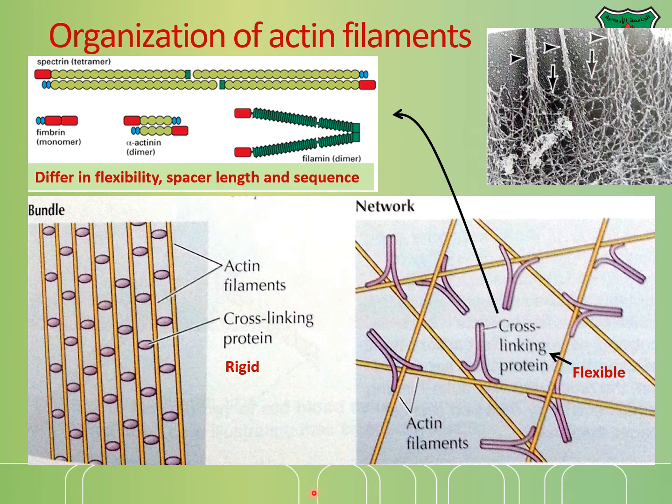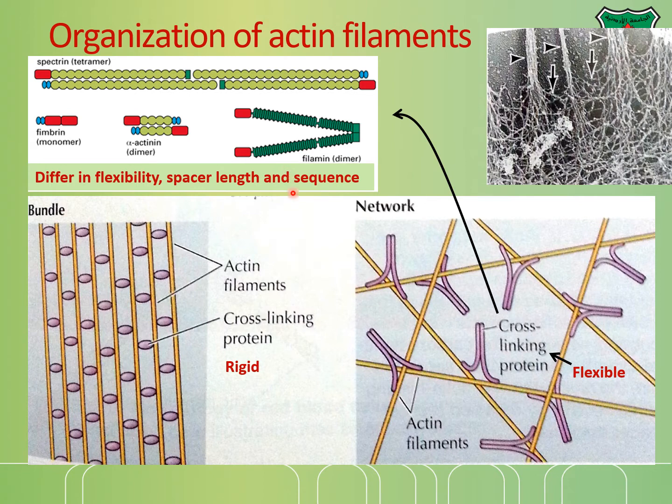So the actin filaments are organized in different ways depending on the actin-binding proteins. Okay, so notice right here, for example, that we have different types of proteins: fimbrin, actinin, which is a dimer, and we have filamin.